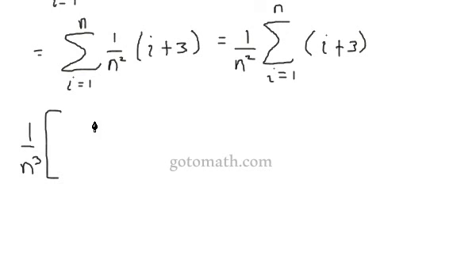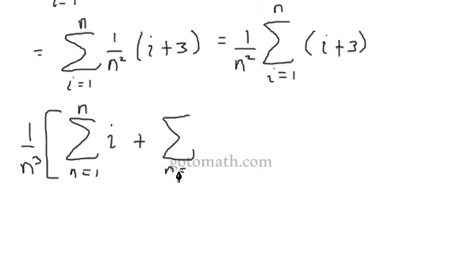We're going to be doing this into two parts here. The sum from i equals 1 to n of i, plus, and then we break it up some more, the sum from i equals 1 to n of the constant.